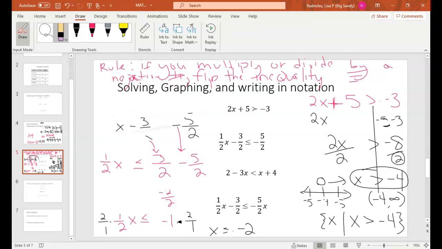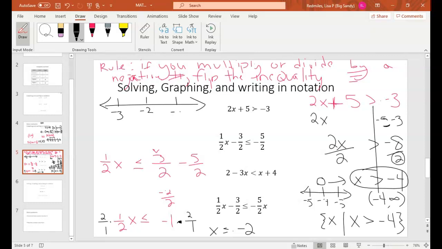And I will write the notation up here. So that means on the number line it is including -2, so it's a closed circle, colored in, and goes to the left. That means it's going to -infinity.